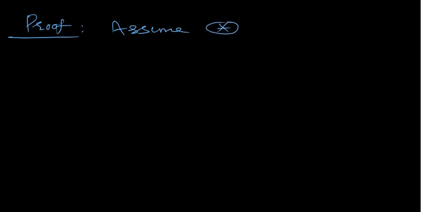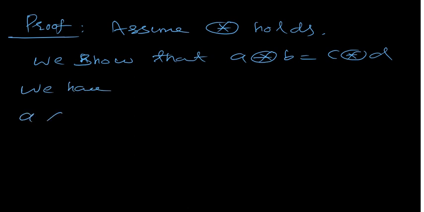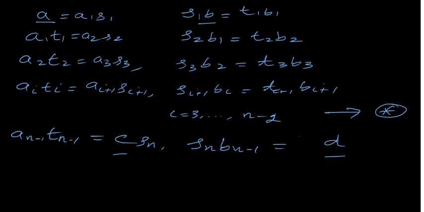Proof of the lemma. Assume star holds. We show that A tensor B is equal to C tensor D. We have A tensor B is equal to, what's A from this equation, A is equal to A1 S1.